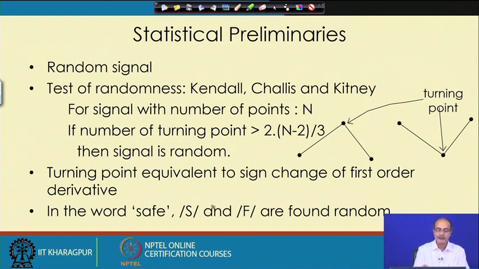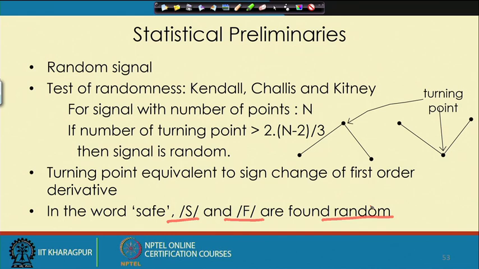Later we will see the waveform of the word safe, which will help us to see how the sounds S and F, they both are consonant sounds, and they are random.